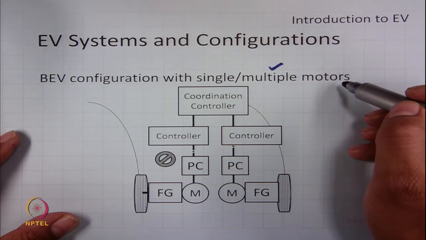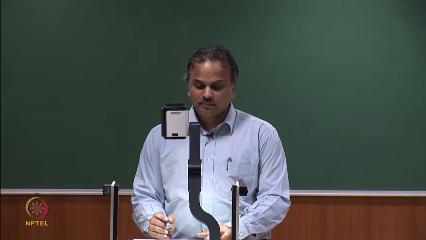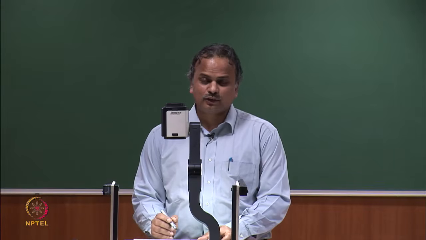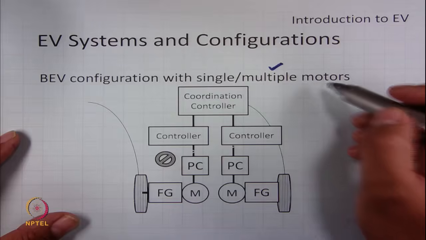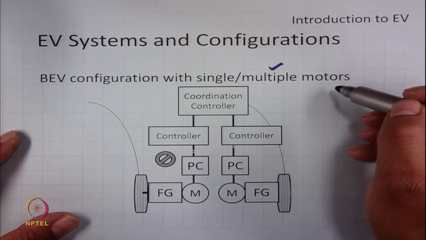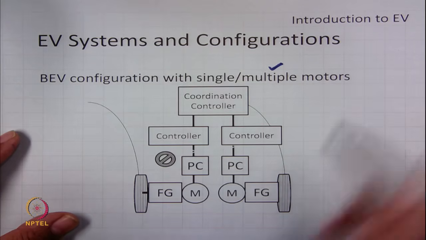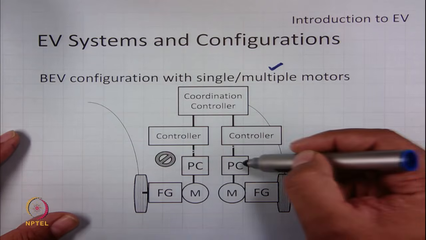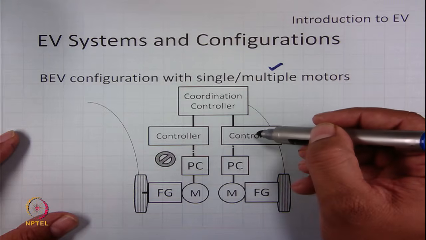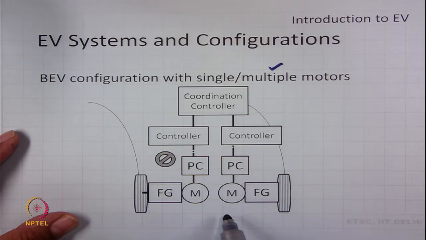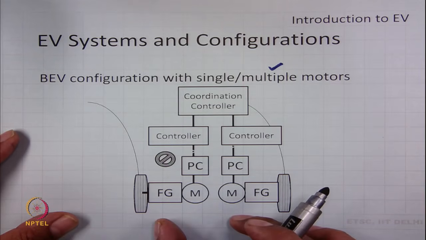So, in case we use multiple motors, it is possible to dispense with the requirement of differential. So, a multiple motor or a dual motor system uses individual power converter and individual controller to control these motors, such that the differential requirement has to be now obtained from the coordinated control of these motors.